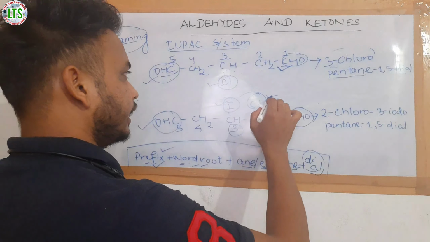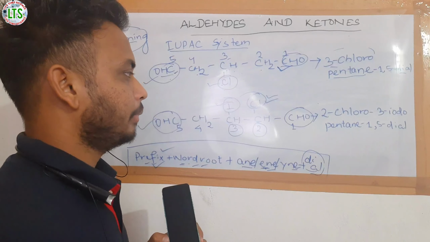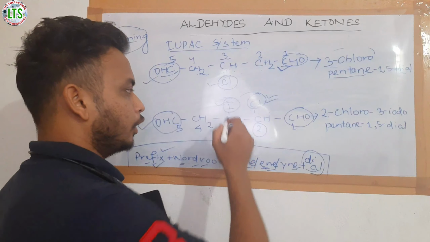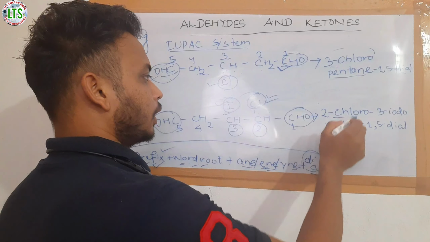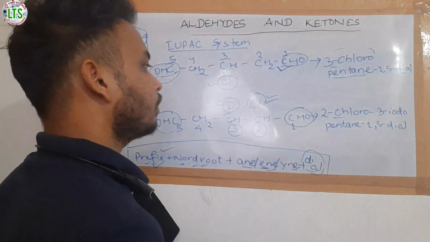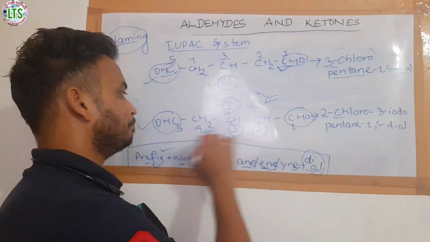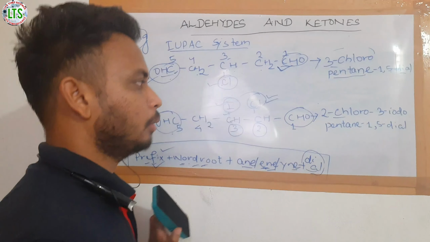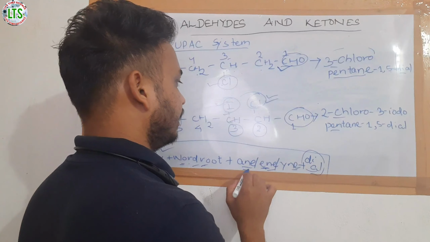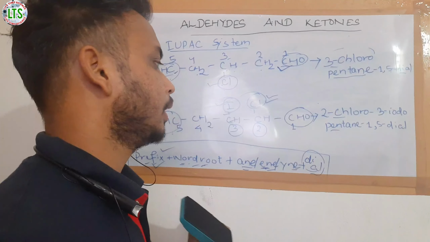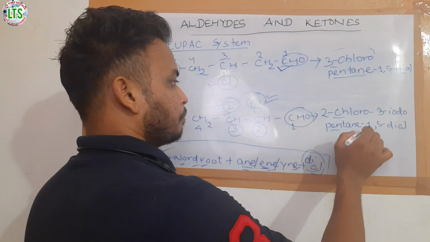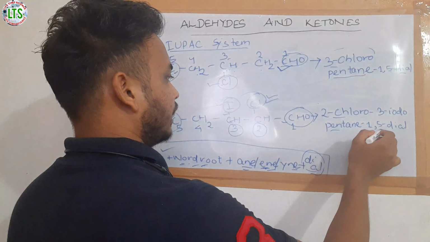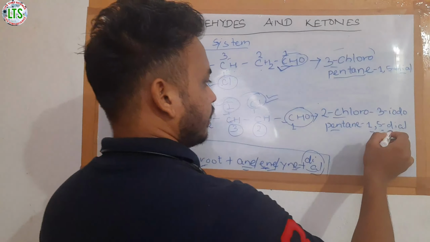So in alphabetical order, chloro comes first, then iodo group. So you can write 2-chloro-3-iodo. Next, word root is pent, as there are 5 carbon atoms. Then AN, as there are single bonds in between the carbon atoms. And lastly, the position of CHO group, that is 1,5 and di-Al.